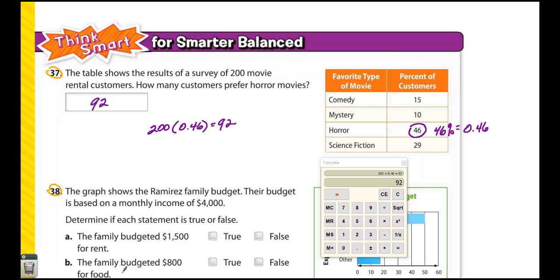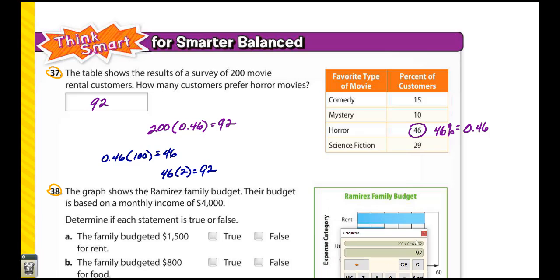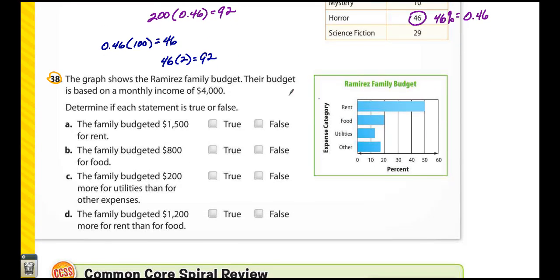Now, since this was the number 200, we could also think of it this way. We know that if you had 0.46 times 100, you would have 46. Since it's times 200, we would take that 46, multiply it by 2, and there's our 92 also. But there's no reason not to use our calculator. There's a good reason to understand why it works. All right, tuck my calculator away and let's take a look.